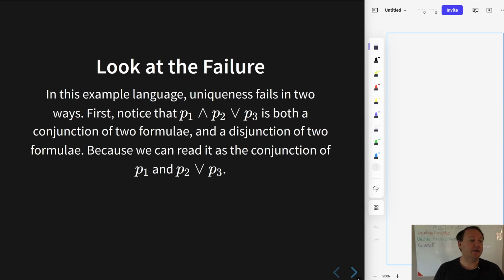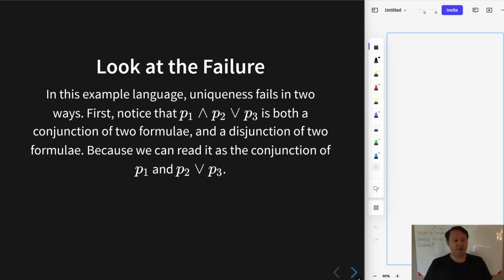So let's first examine this P1 conjunction P2 disjunction P3, and let's notice that you can't say that this is a conjunction or a disjunction. You may be thinking, oh, but don't these operations have rules about binding precedence, and then you can? Well, we're not there yet, right? We're not establishing that, so we're just imagining that we don't have any precedence rules, and we're just thinking about these things in terms of the construction steps that were taken to arrive at them.